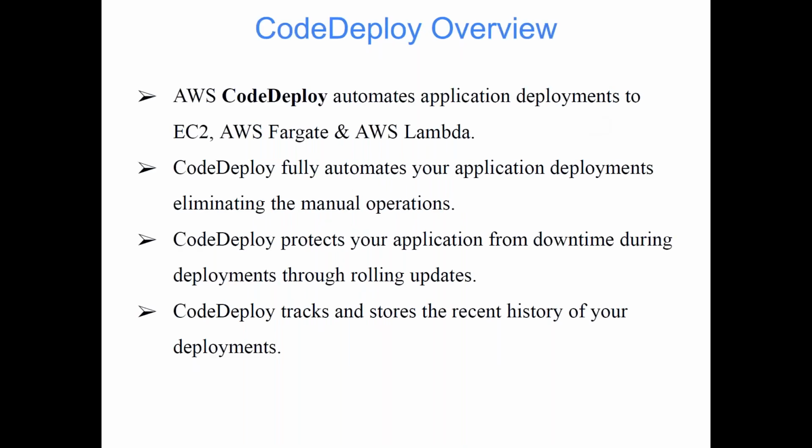CodeDeploy is a service which comes under continuous deployment. We have the CI/CD concept, right? Yesterday we talked about CodeBuild, which fulfilled the requirement for continuous integration, and this one is for continuous deployment. It automates application deployment to EC2 instances, AWS Fargate, and AWS Lambda.